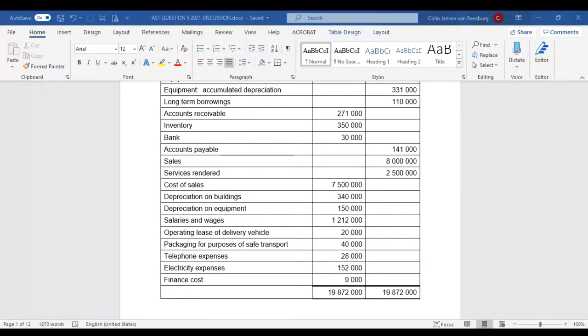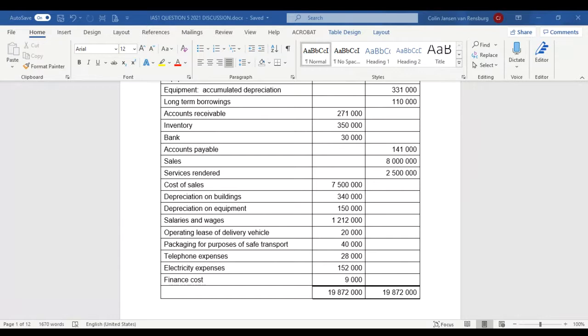But then the big difference between questions 1, 2, and 3 on the one hand, and then questions 4 and 5, question 4, which Mr. Borman is doing, and question 5, we must still go and allocate the expenses to cost functions, right? So that is the big difference between the 2.